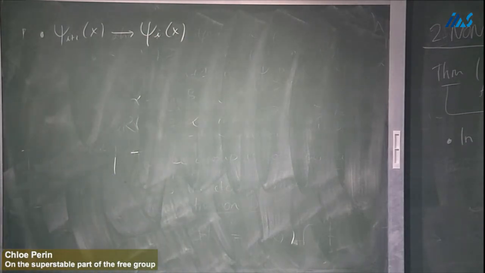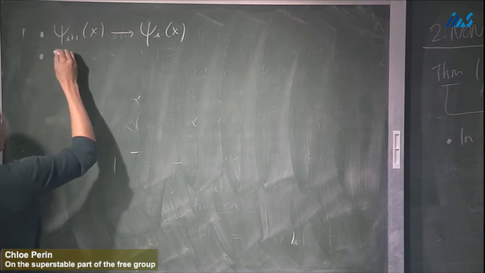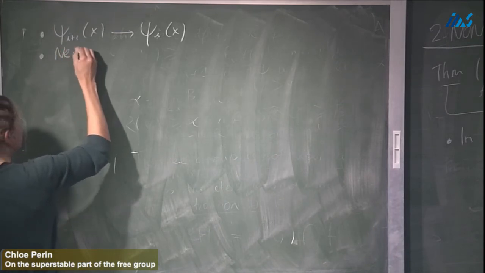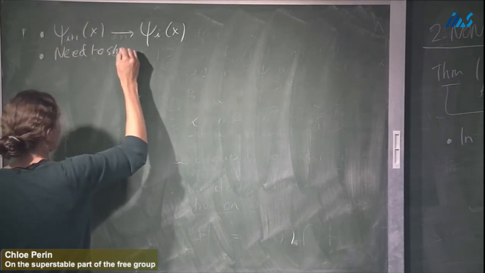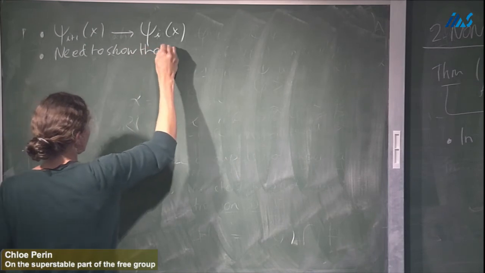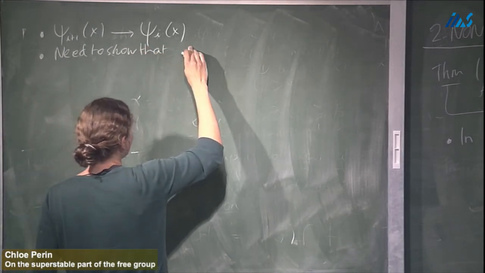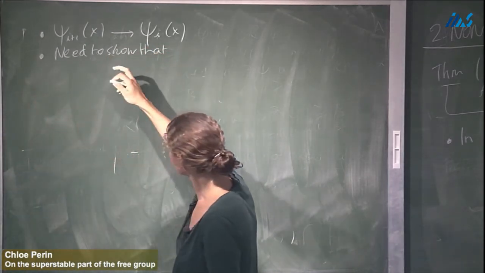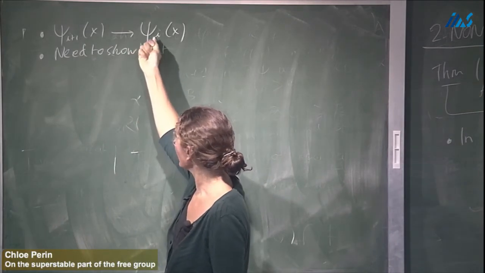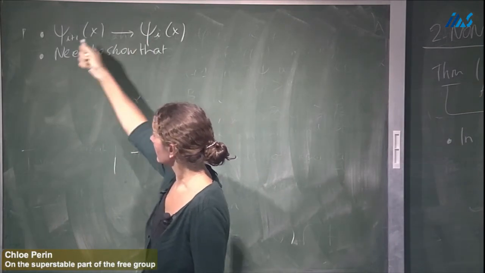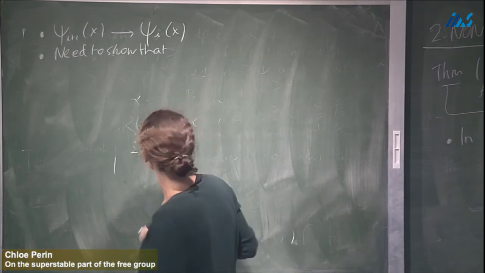Okay, and so the last thing that we need to show to prove that this is really a descending chain is that we can find a set of parameters on which psi I is defined, and such that psi I plus 1 forks over this set of parameters.